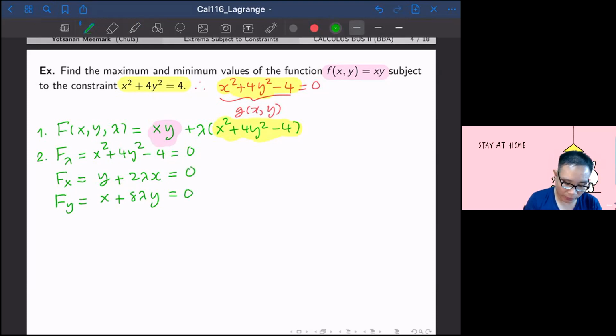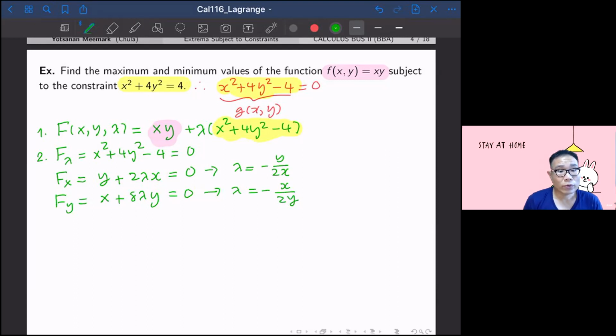So these will be the equations that you solve for lambda. You would get lambda equal to negative y over 2x, and lambda equal to negative x over 2y.